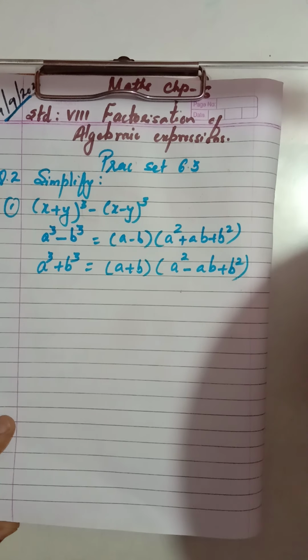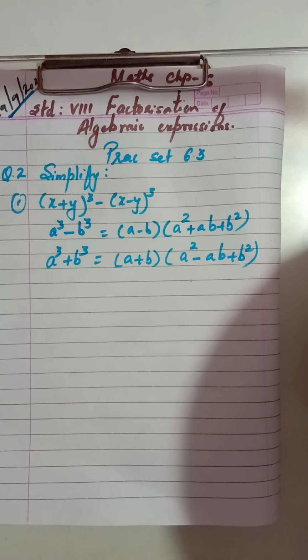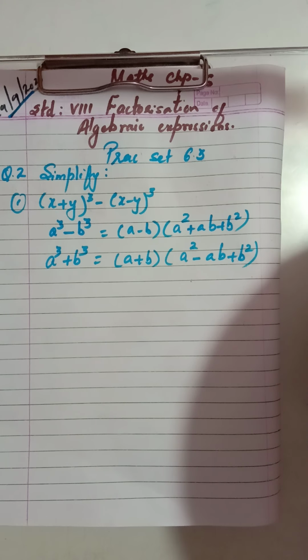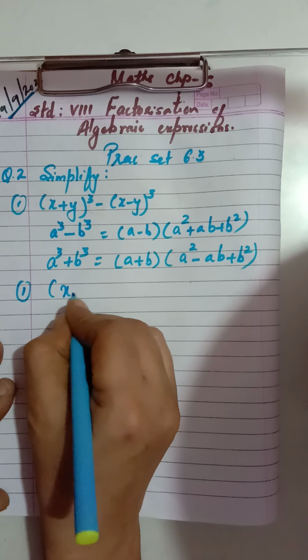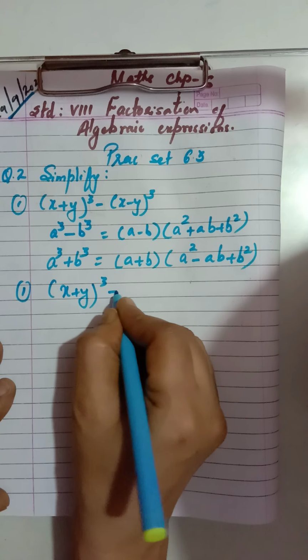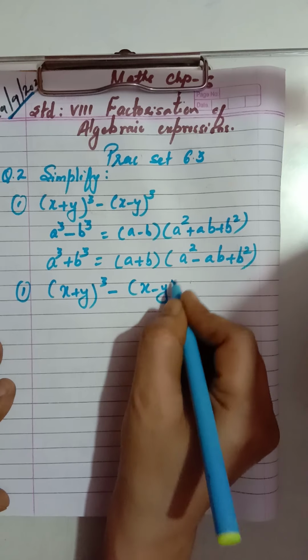Both these formulas we have learned, and we have done expansions and found factors using them. Now let us write the first question again: (x + y) whole cube minus (x - y) the whole cube.